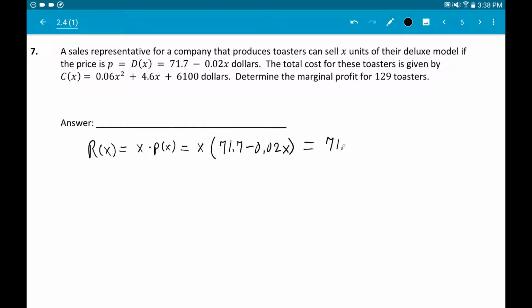That's 71.7x minus 0.02x squared. So there's our revenue function. We want to get to profit. So now that we have revenue, they gave us cost in the question, we can use profit equals revenue minus cost.